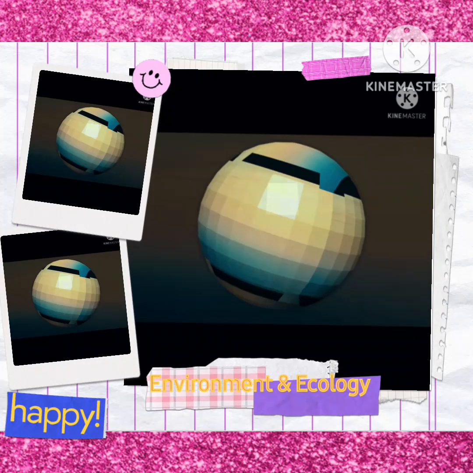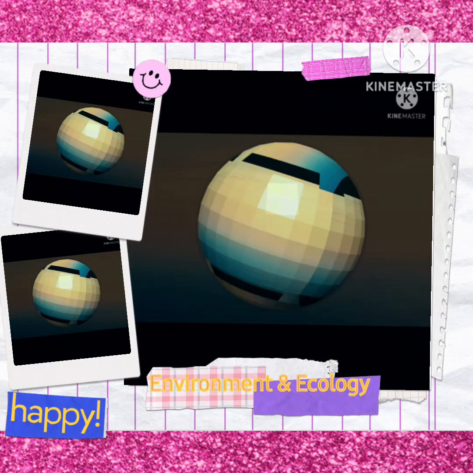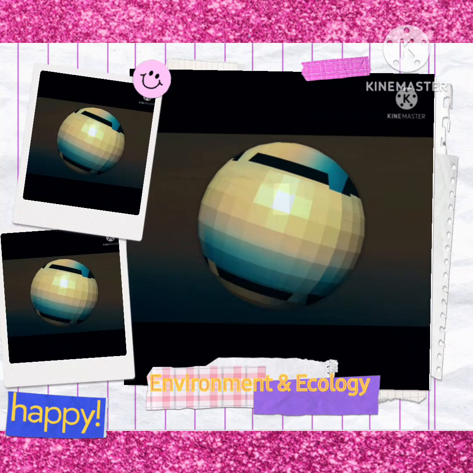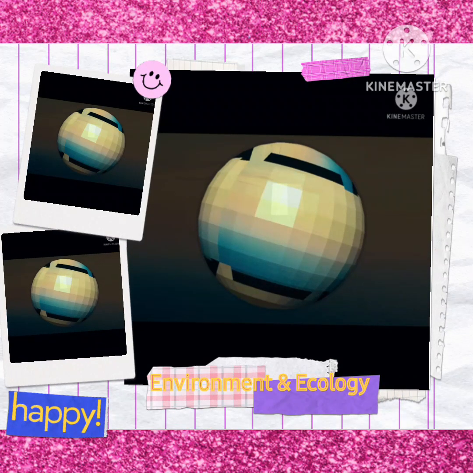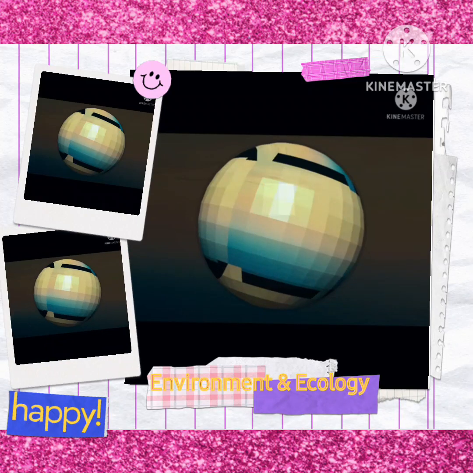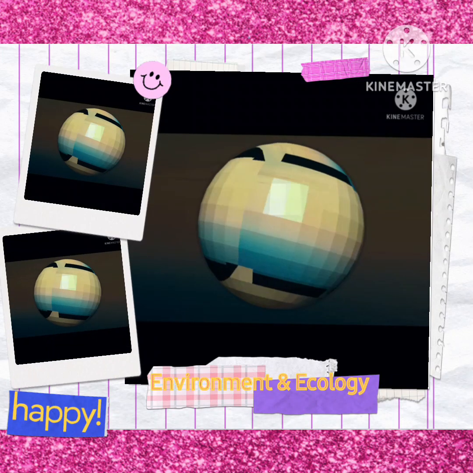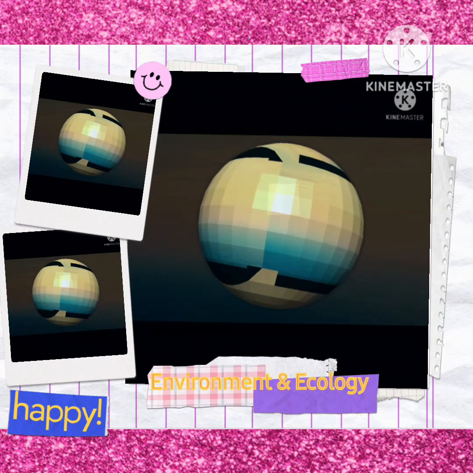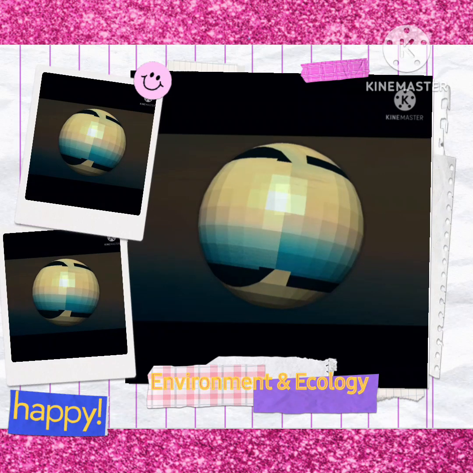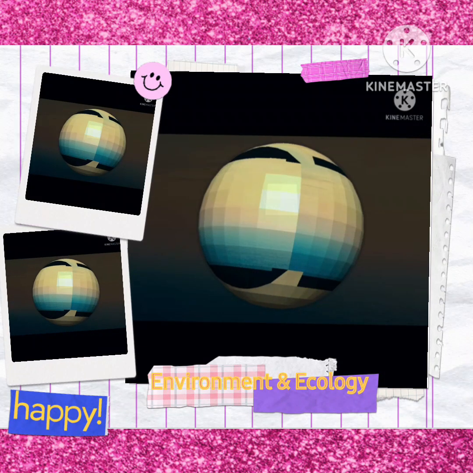Macro consumers are there and micro consumers or saprotrophs are there. Macro consumers include primary consumers like cow or rabbit, then secondary consumers like wolves, carnivores like lion, and omnivores like man. When we talk about micro consumers, we have bacteria, viruses, fungi, and earthworm.